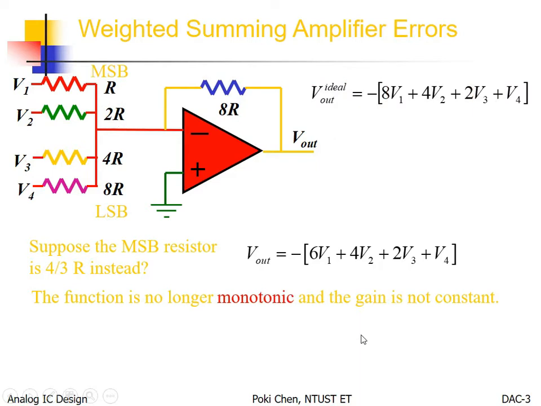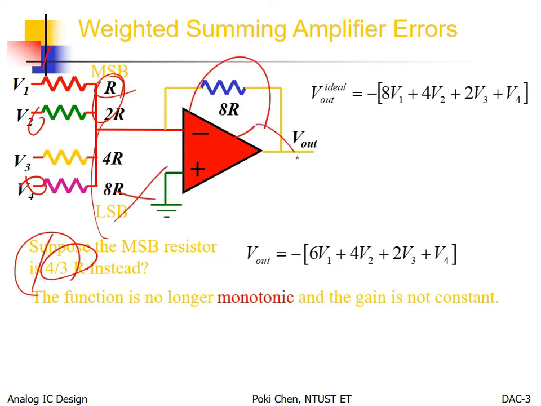I assume that all the others are perfect except for this one. If after fabrication R becomes a little bit larger, what will be the result? Do it again: 1 here and all the others zeros, divided by this and multiplied by that, so you get 6 instead of 8.